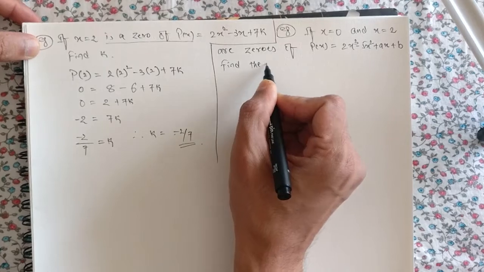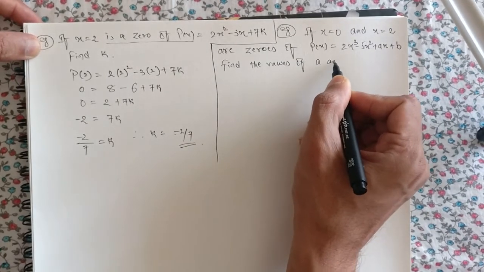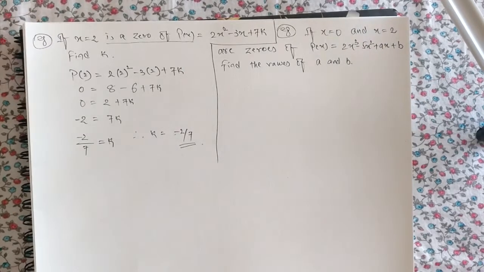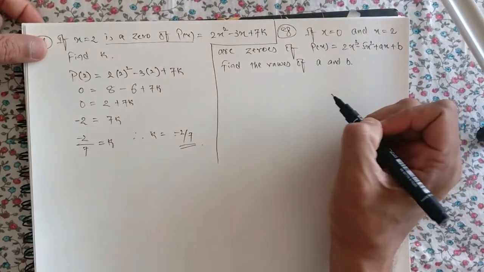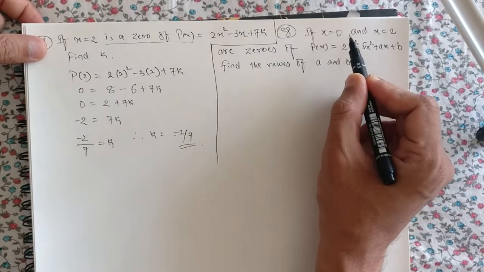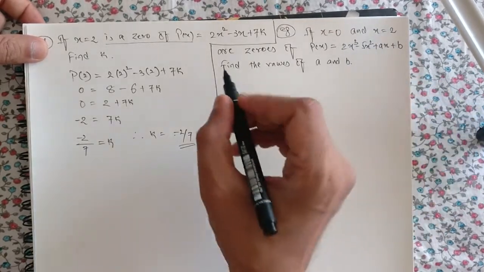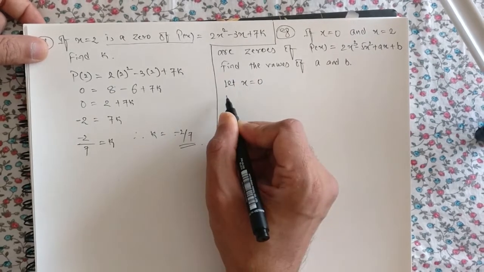Find the values of a and b. Okay, so we'll first take the value of x as 0. Now remember, these two are zeros. So let x is equal to 0.